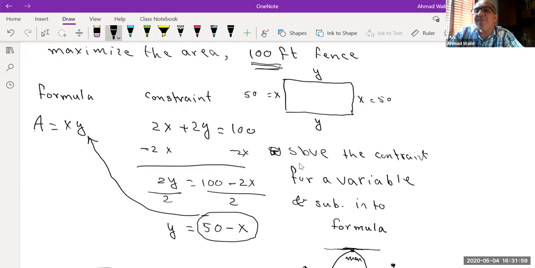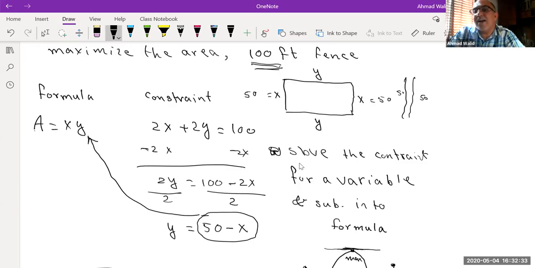But you see, if I use 50 feet on this side and 50 feet on this side, there is no fence to use for y. It means I'll end up with these two lines. Do I have an area inside in this case?